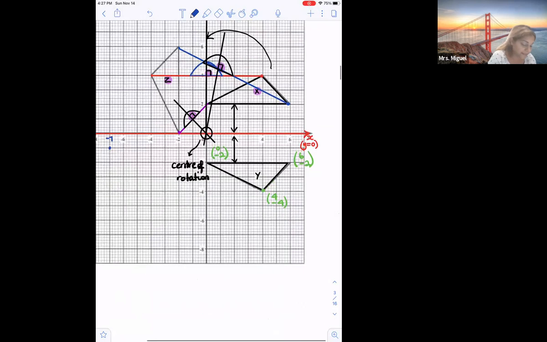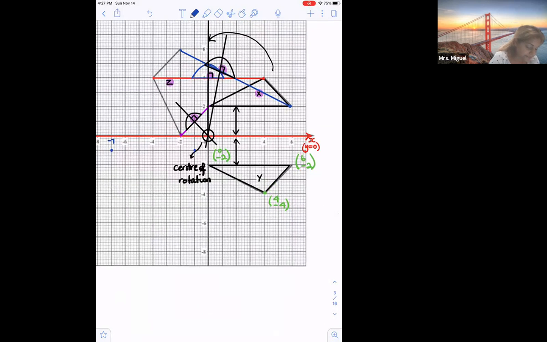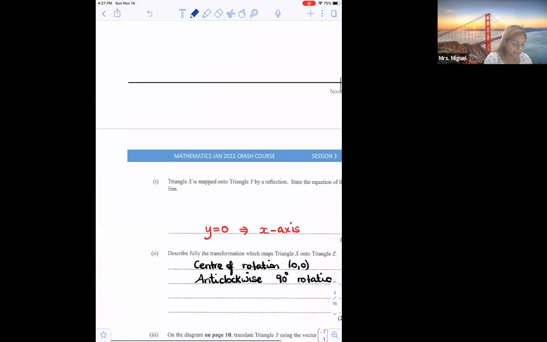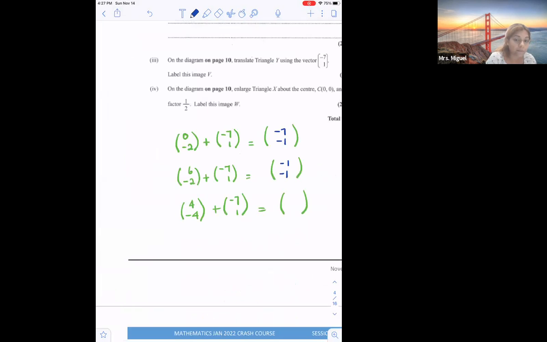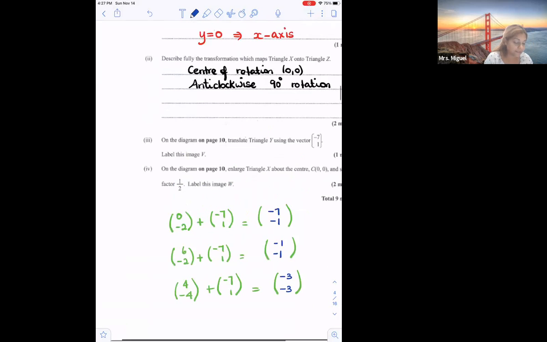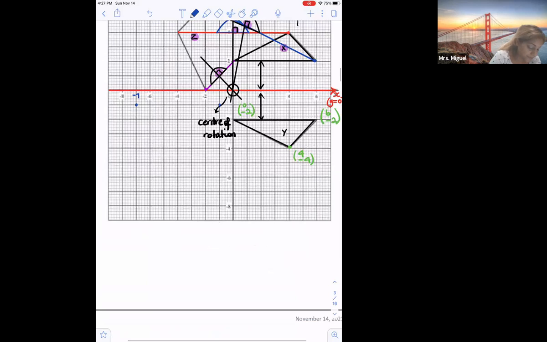So this is my second point, -1, -1. And the last one, 4 minus 7 is -3, -4 plus 1 is -3. So here would be -3, -3. So this is my new triangle here that has gone through the translation -7, 1. So this is V.